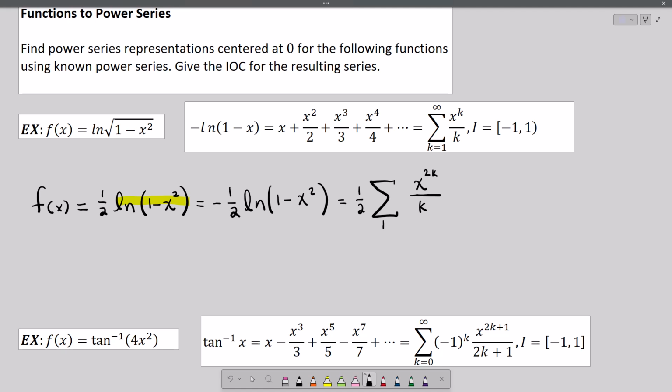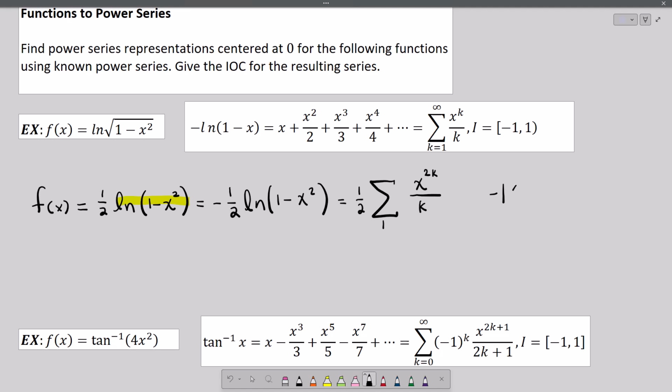So first we pull down the 1/2. The 1/2 is a multiplier. The natural log part of it is coming from here, but we have to replace the x with x squared. And if we replace the x with x squared in there, we have to replace it in there. So that's going to be our power series for function f. And then we have to modify our IOC.